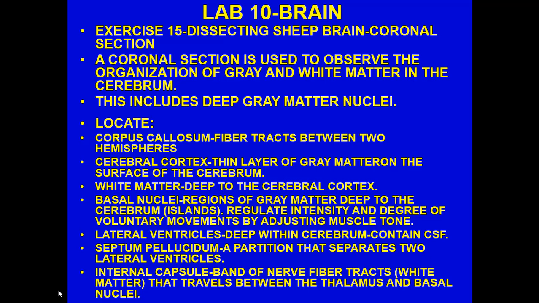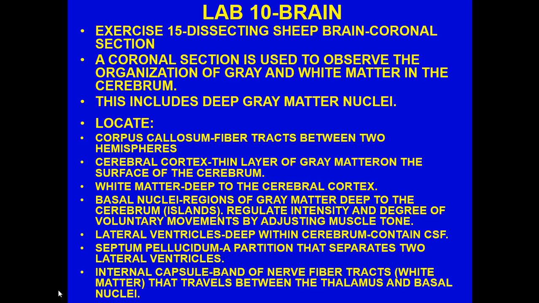The corpus callosum, as I mentioned, is fiber tracts between the two hemispheres. So that's how the left brain communicates with the right brain and the right with the left. The cerebral cortex is the thin layer of gray matter on the surface of the cerebrum. The white matter is deep to the cerebral cortex. This is all that heavily myelinated structure, all the fine wiring connecting different parts of the brain.